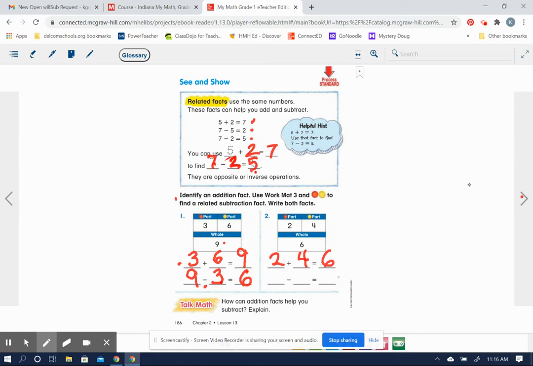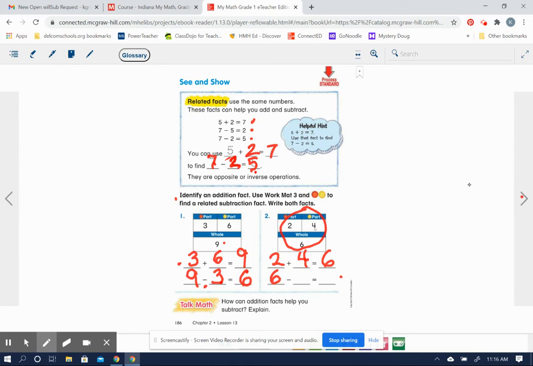Now we want to make a subtraction sentence. What's the biggest number here in this work mat, this family? The biggest number is 6, and it's the whole, so we have to put that before the minus, and then we can do either of the parts.